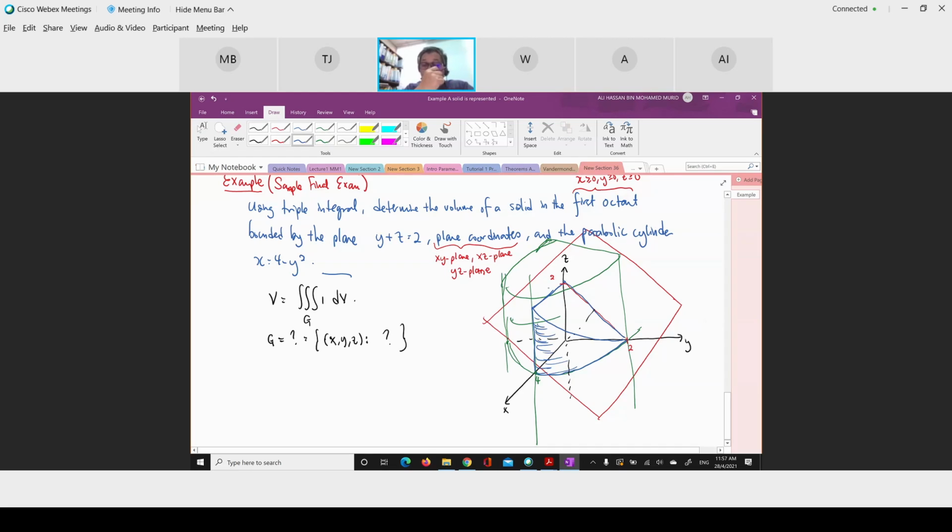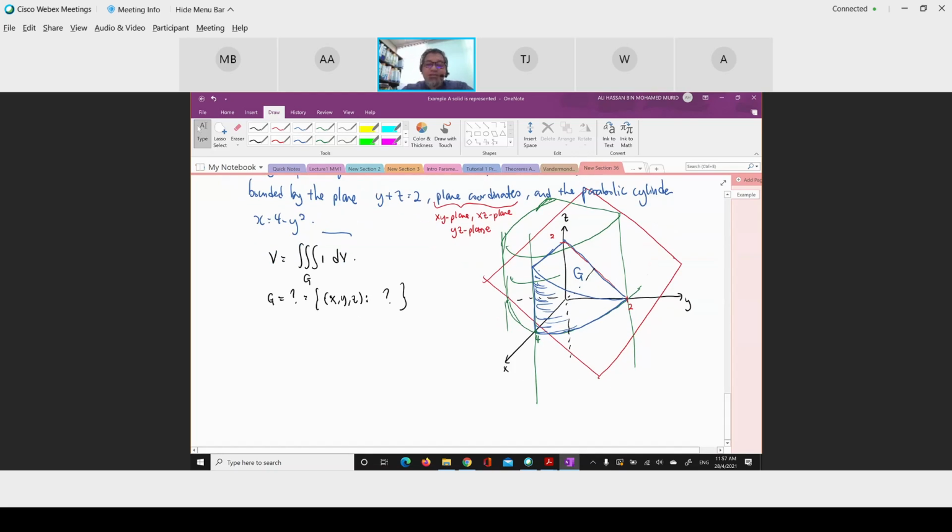So this is what the object G looks like.